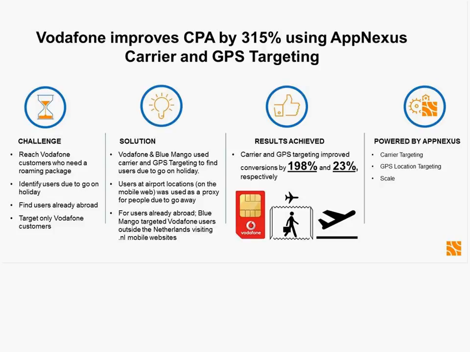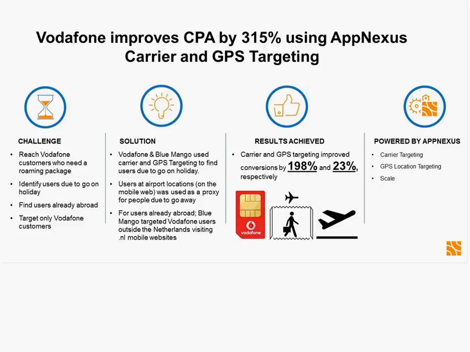And they targeted those individuals both at that point, but also with dynamic creative that was based on the language of the sites that they were visiting, the carrier, obviously, whether they were Vodafone or non-Vodafone customers, and also specifically where they were headed, targeting the creative using images from places that they were travelling to, which again led to extremely improved conversions, which is ultimately what everyone's trying to achieve here.